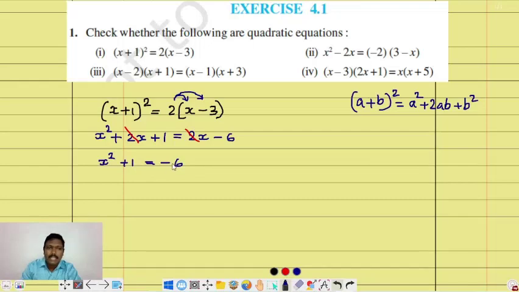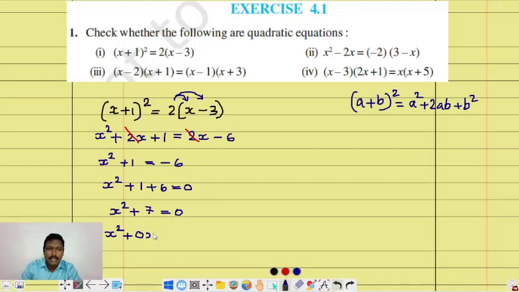Now we transpose this minus 6 to the left side, and it becomes plus 6, so x squared plus 1 plus 6 is equal to 0. That means x square plus 7 is equal to 0. Now we can write that in the standard form, x square plus 0x.